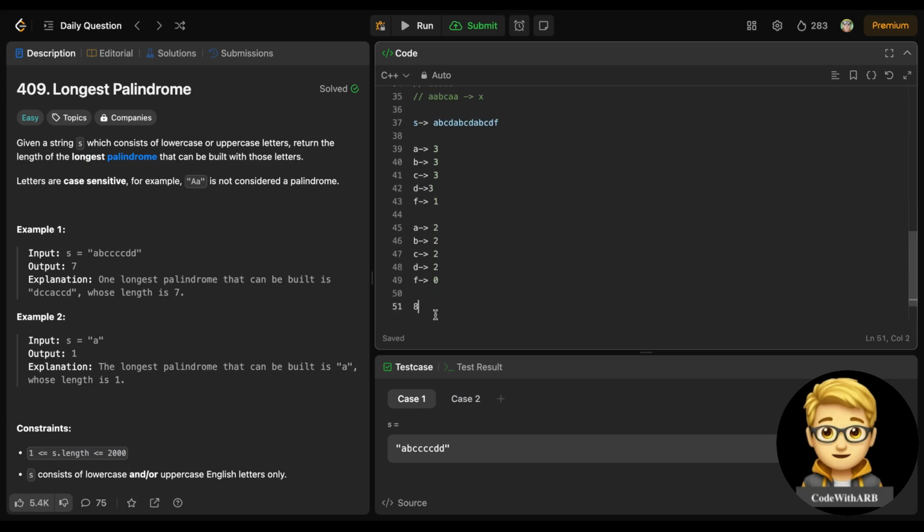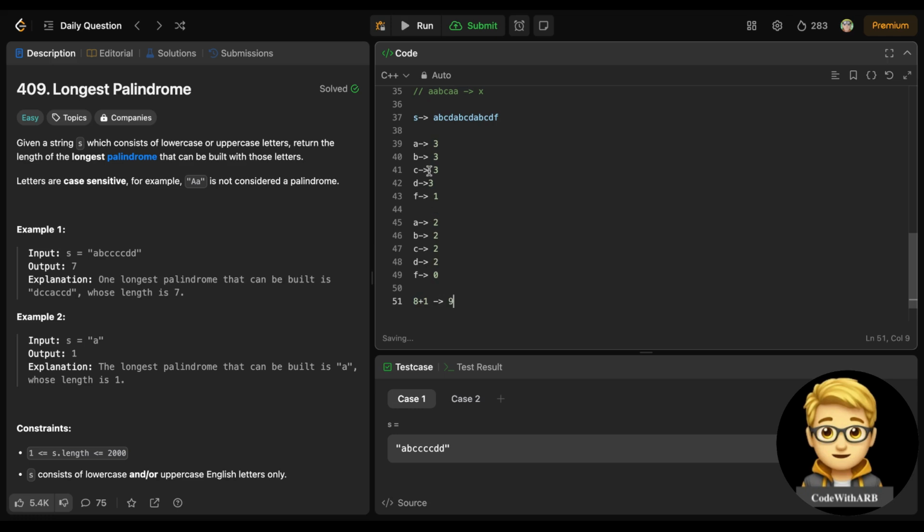So we just need to know whether we have a character left out with me or not. Either I can take a, b, c, d, or f, because all have one character left. I can take any of the characters, but only one time. So any one character one time, so that will be 8 plus 1, which is 9, right?